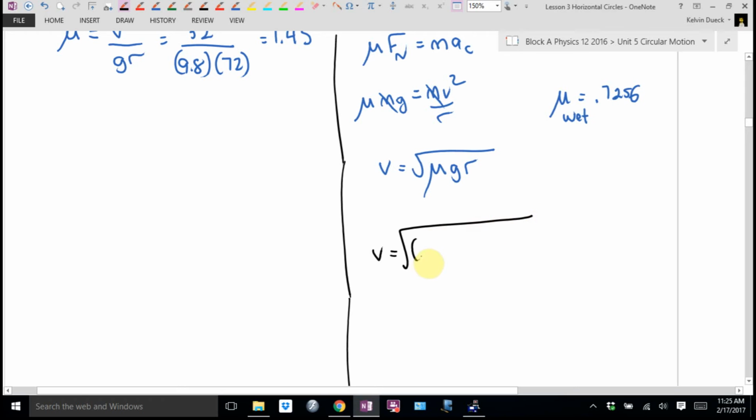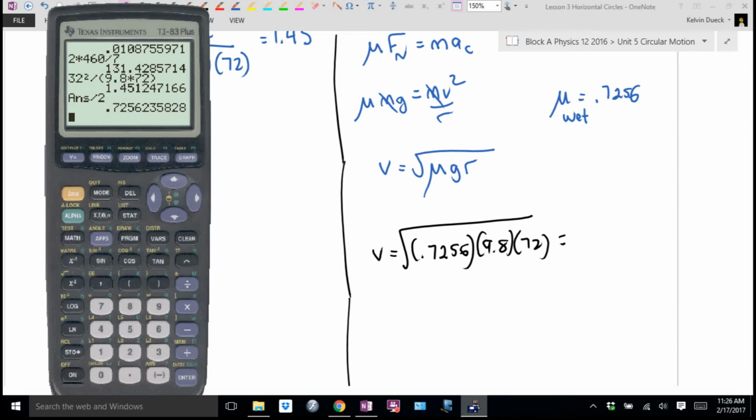Square root of, I'm going to put the 0.7256 in there, times 9.8, times 72. Quick like a bunny. 22.6.